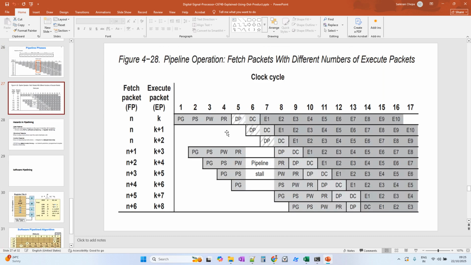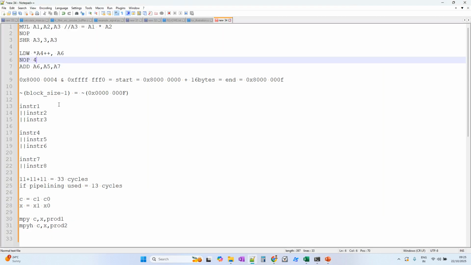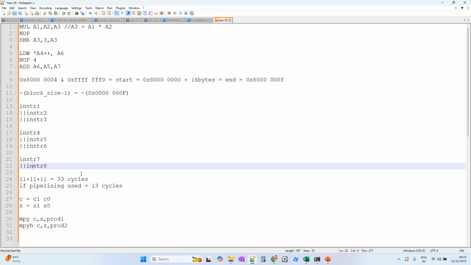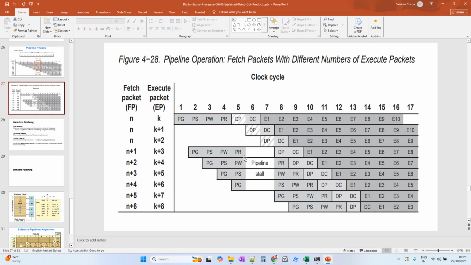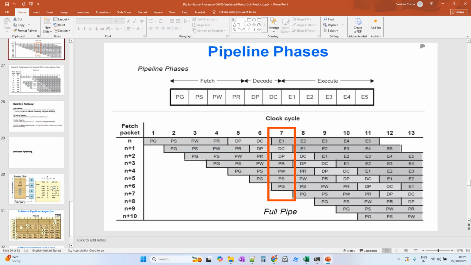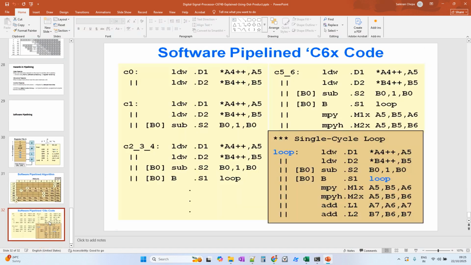If a fetch packet of 8 instructions has 2, 3 execute packets, then 2 stalls are coming here. Only if all 8 instructions are in parallel will there not be any stalls. That should be our target. So we have to check the assembly generated by the compiler, and then decide on that.